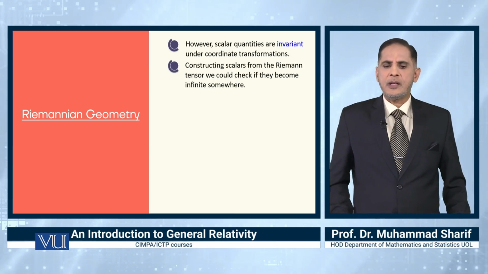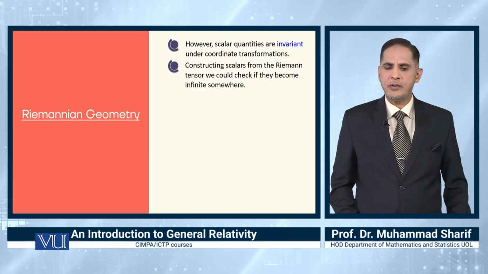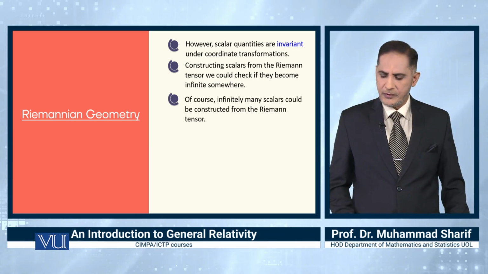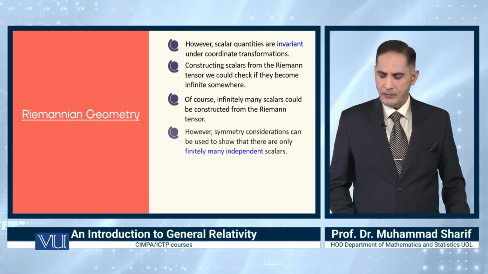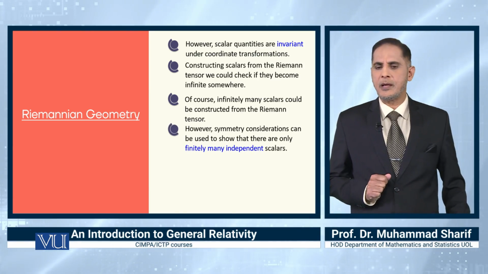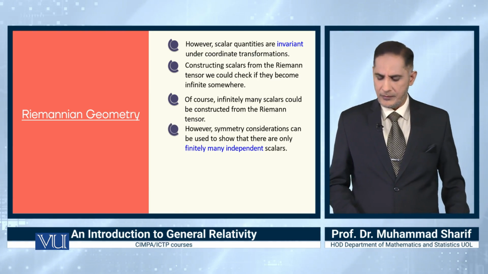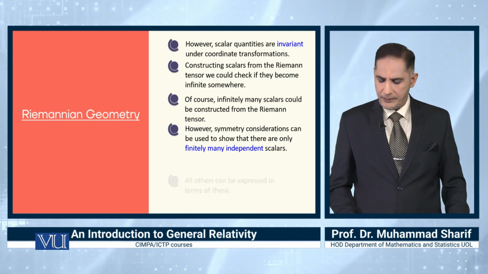So constructing scalars from the Riemann tensor, we could check if they become infinite somewhere. Of course, infinitely many scalars could be constructed from the Riemann tensor. Like we have constructed the Ricci scalar from the Riemann tensor, then the Ricci tensor, and so on. However, symmetry consideration can be used to show that there are only finitely many independent scalars.